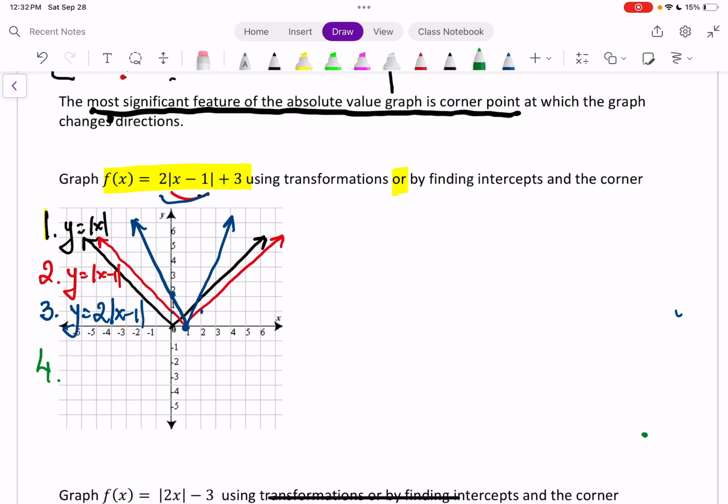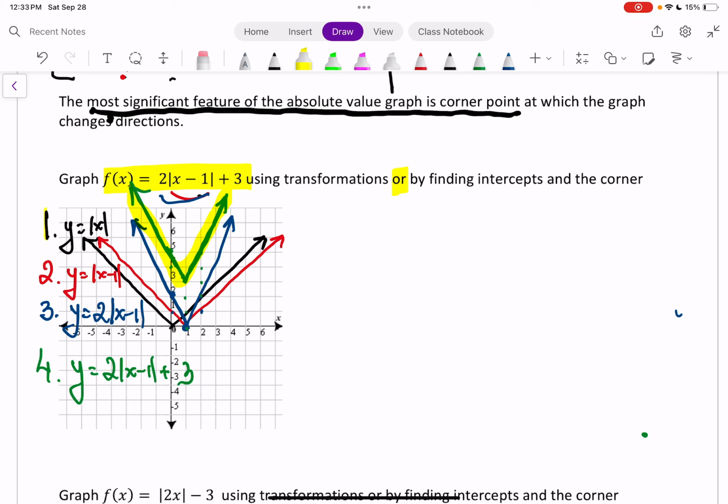And finally, the last transformation would be to add the 3. Adding the 3 takes this last graph and moves it 3 units up just as it is. So it's still just as narrow as the blue graph, just a copy of it shifted 3 units up.